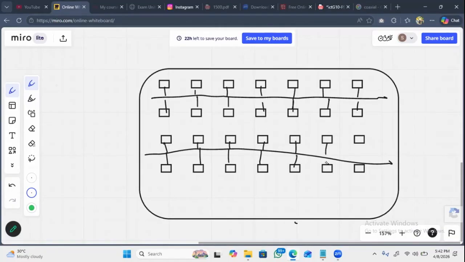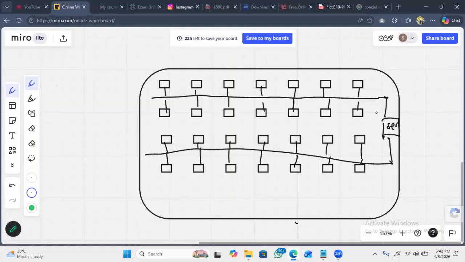Wired inside the office, like now we are connecting all to a central server. This is star topology. We are connecting inside the office room and we can call this a local area network.